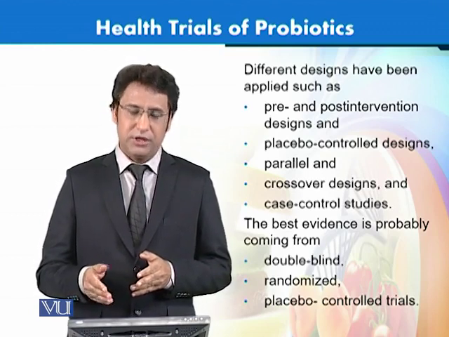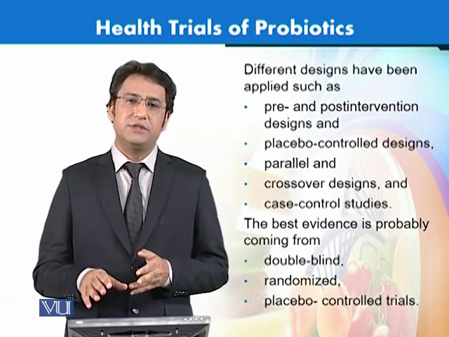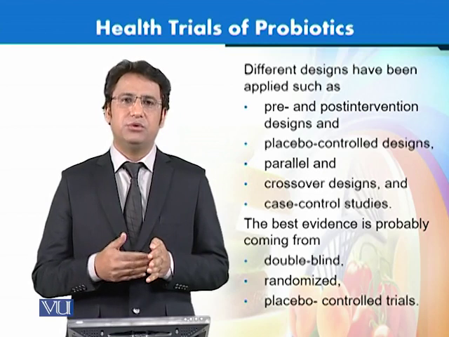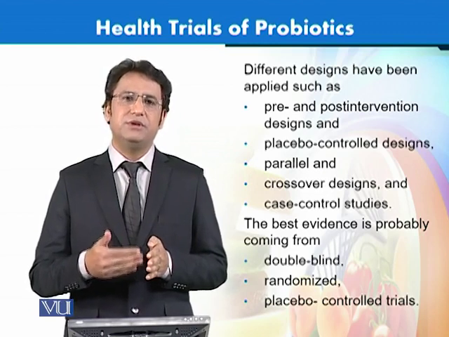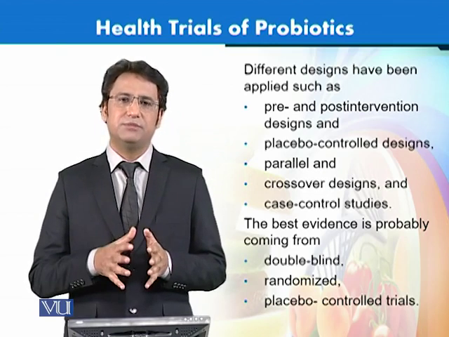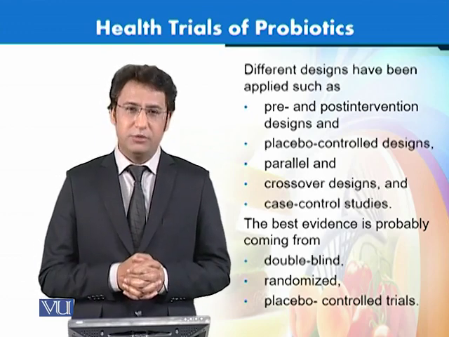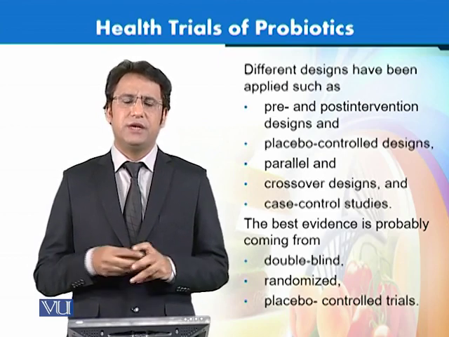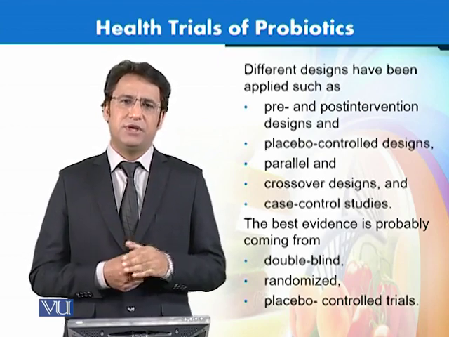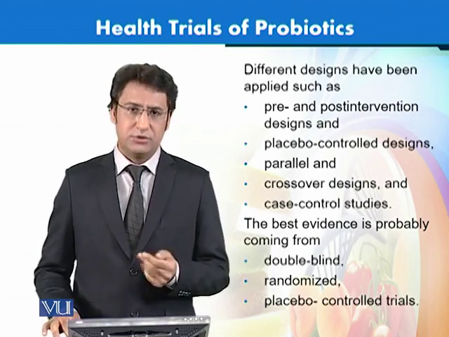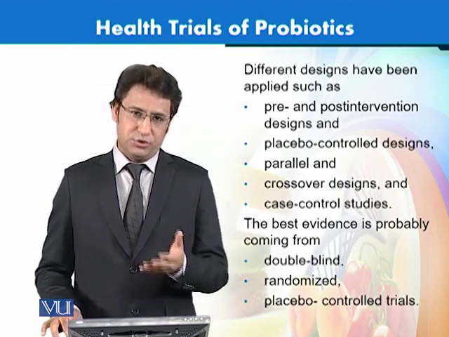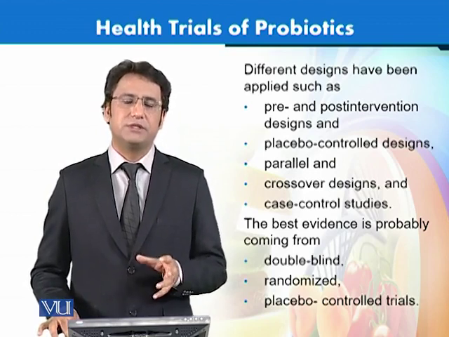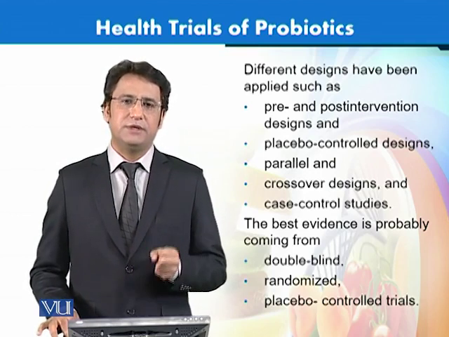The double-blind design is the design in which the experimenter and the patient do not know what treatment is being given to the patient, so it is blind on both sides. The randomized part is completely randomized statistically so that we don't get any bias when we analyze these results. And similarly, placebo-controlled trials, as I discussed, are more suitable for human studies when probiotics are taken as a research direction.